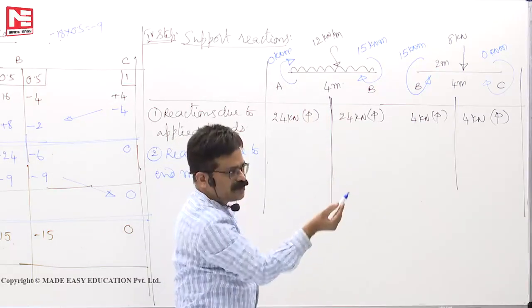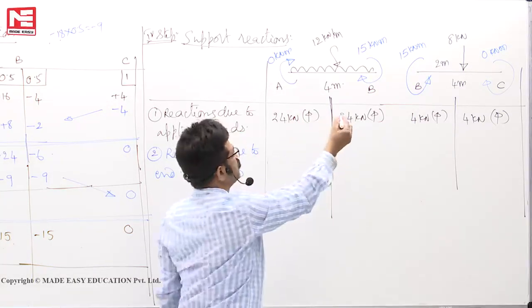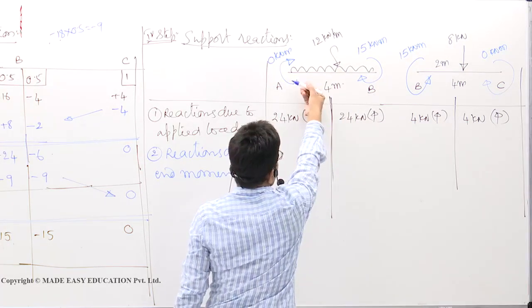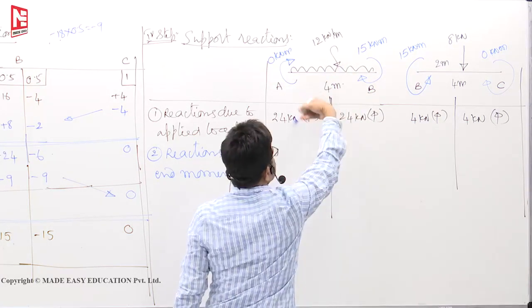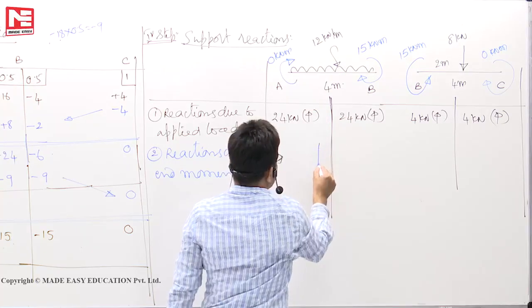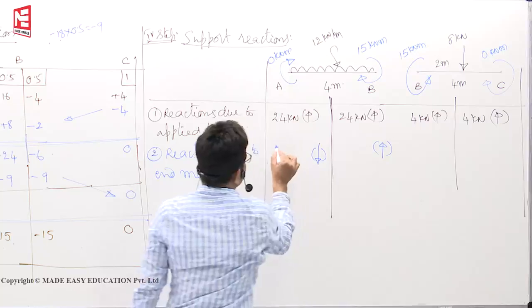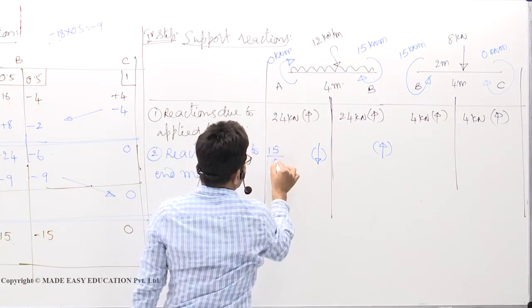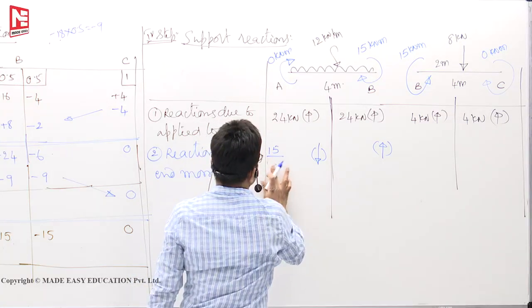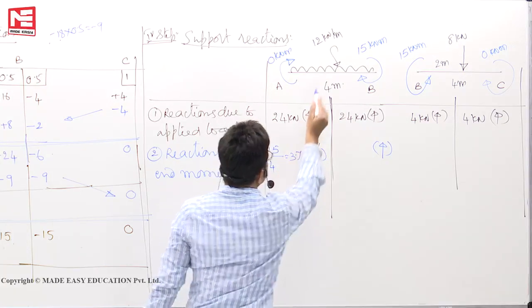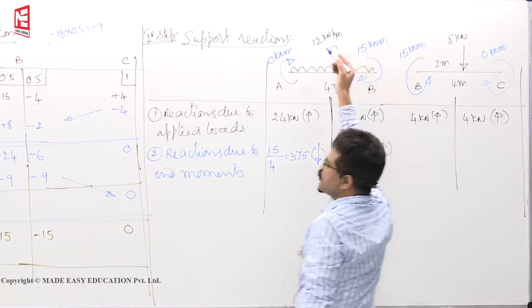To balance the clockwise moment, M by L anti-clockwise. So M by L anti-clockwise means see how my fingers are moving, down, up. This is anti-clockwise. So here the reaction should go down, here it should go up. The formula is M by L, 15 by 4. You will get 3.75. This is nothing but this one only.